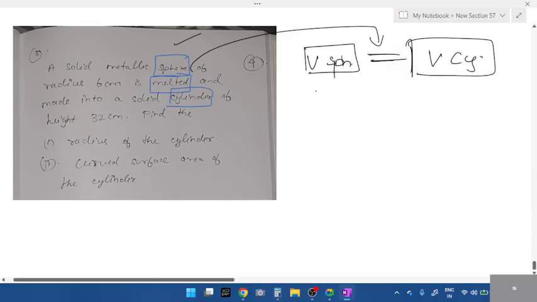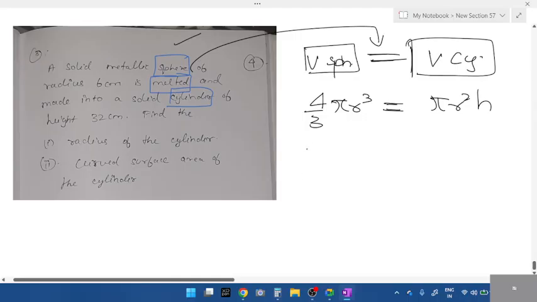What is volume of sphere? All of you will answer. 4 by 3 pi r cube. That is equal to, for melted, volume will be same. What is volume of cylinder? Pi r square h. So from one object, we are converting into the other object, students.